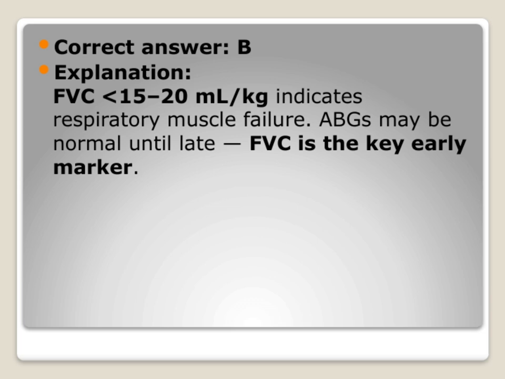So, relying solely on ABGs could be misleading early on. That's why FVC is so valuable. It serves as an early marker for respiratory muscle weakness. Understanding these measurements helps us catch issues sooner, which ties into the overall theme of early detection and intervention in respiratory failure. So, always pay close attention to FVC values as a crucial piece of the puzzle.